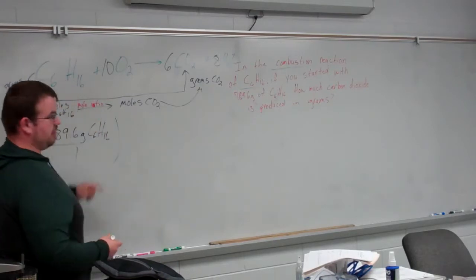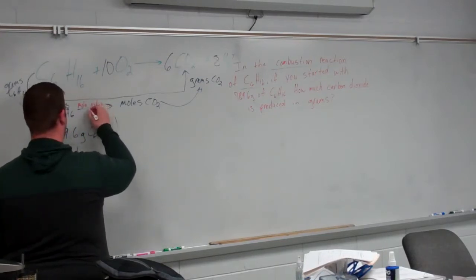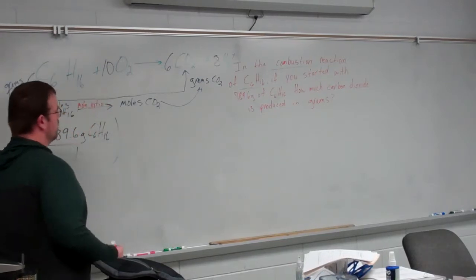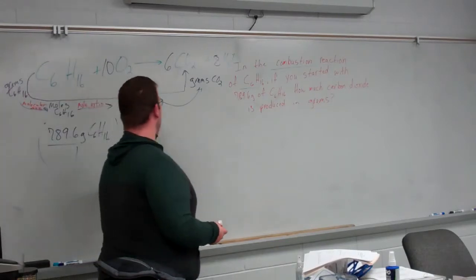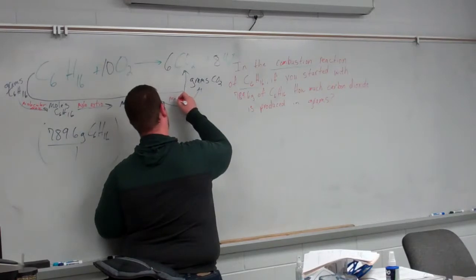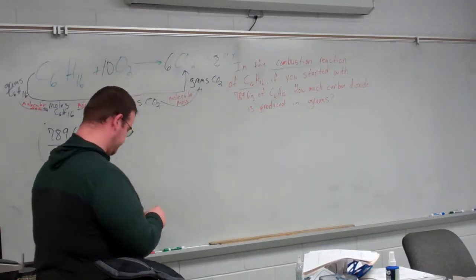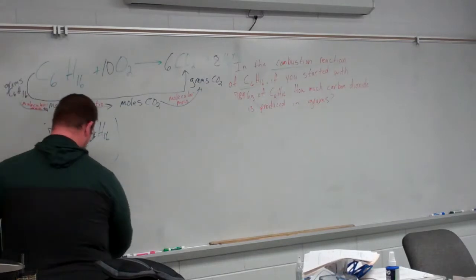I know that looks horrible. And then we go from moles of carbon dioxide to grams of carbon dioxide, you're going to use the molecular mass. Okay? How's everybody feel?